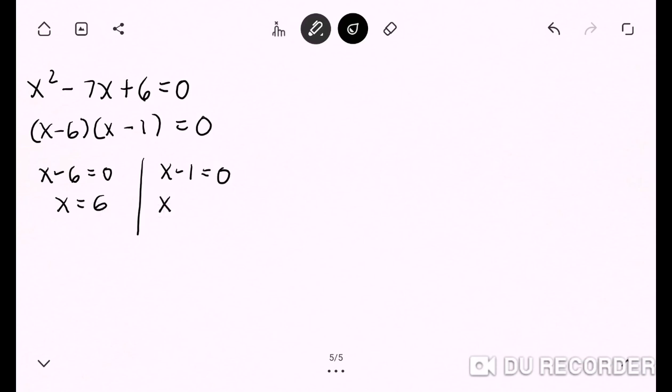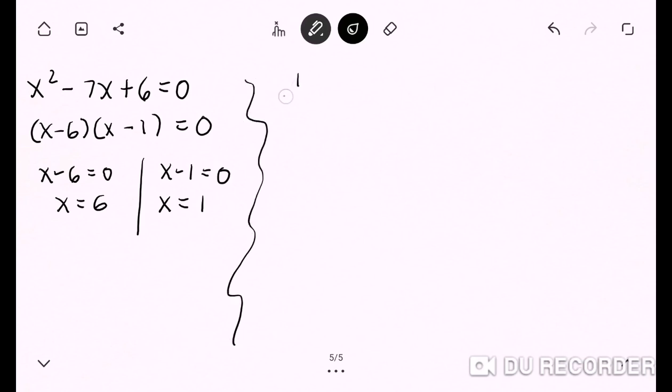Sa right side, we have x equals positive 1. Question. So, ano kaya yung possible solution dito sa ating problem considering na meron tayong dalawa na positive solution? So, balikan natin yung naging original natin na working equation.